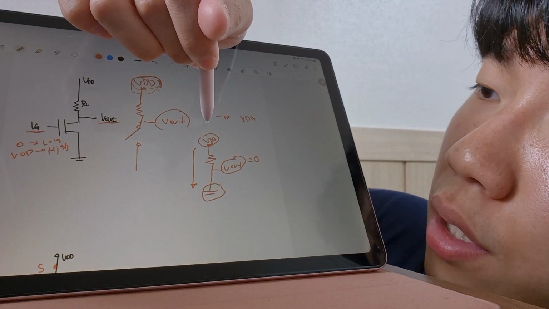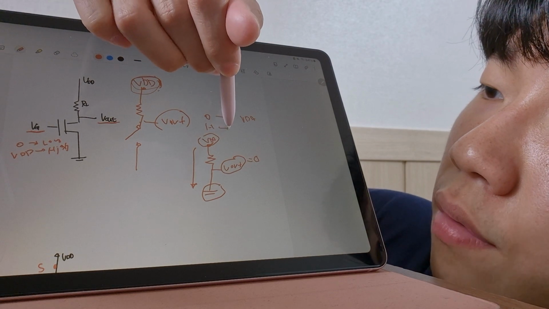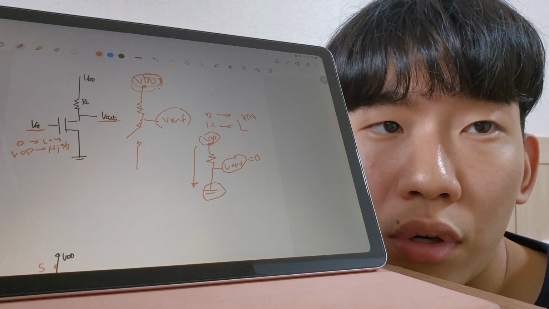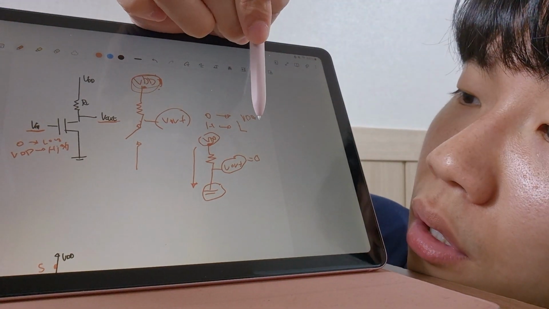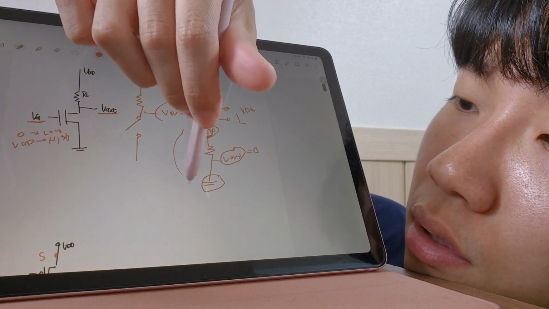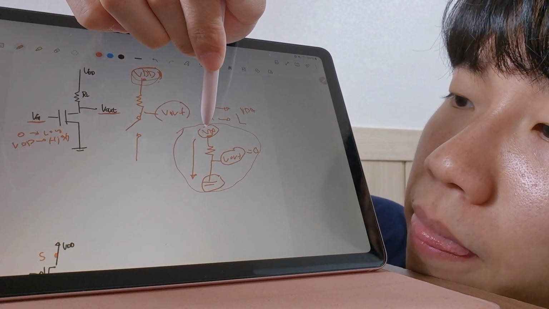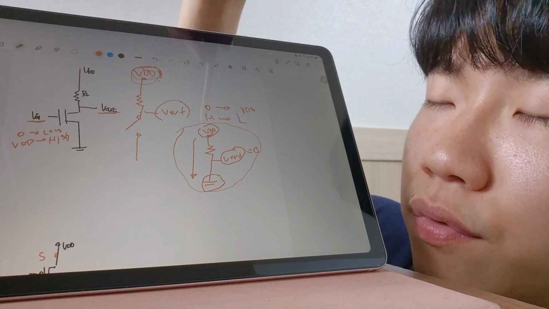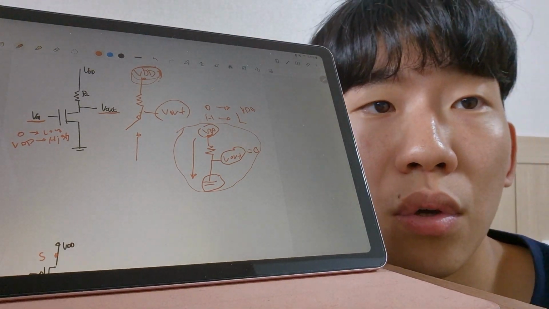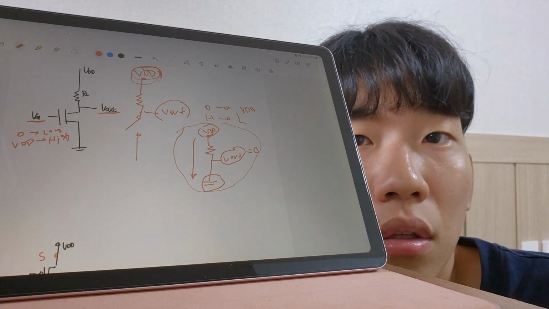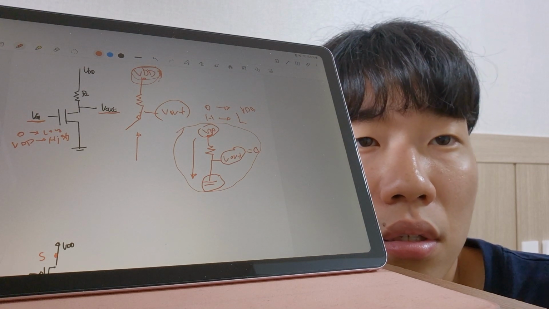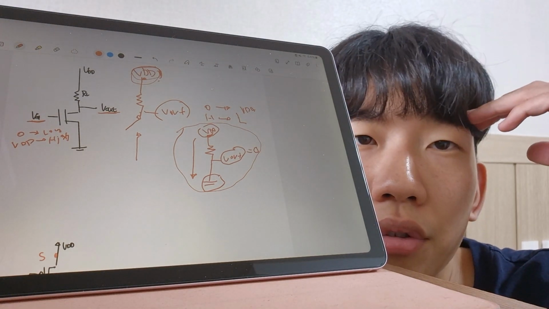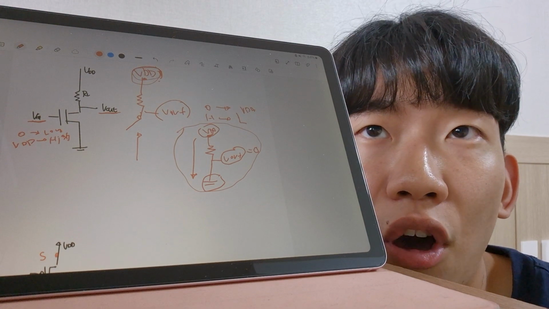So the input voltage is high and the output voltage is low, so we call this an inverter. In this situation, drain current always flows from VDD to ground, so unnecessary power is consumed. So this is not useful.